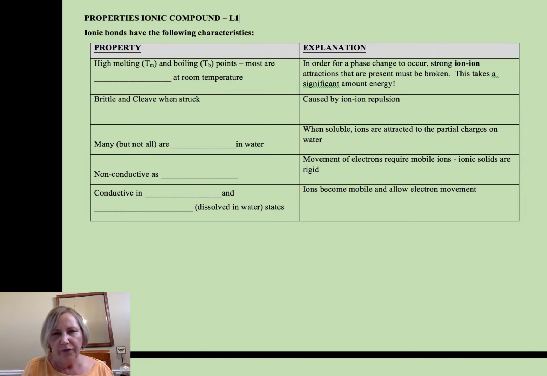This will be hopefully a short little video clip discussing the properties of ionic compounds. I'm very big on a theme that pervades chemistry, and that's that structure determines function.